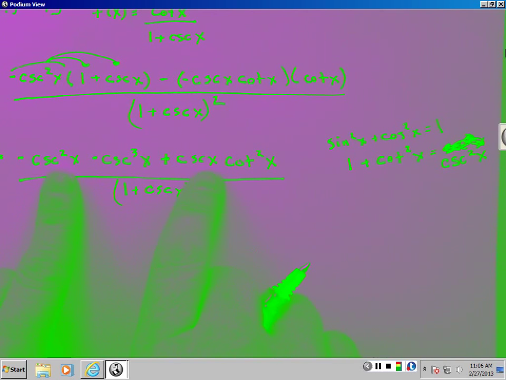I can pull out a cosecant in everything. I might need to pull out a negative. So this gives me minus cosecant x times the quantity cosecant squared x plus cotangent squared x.